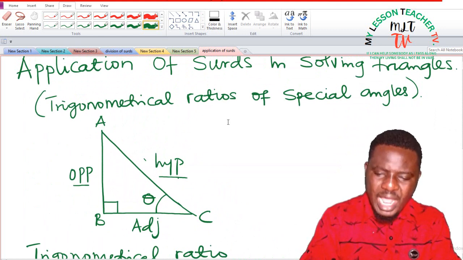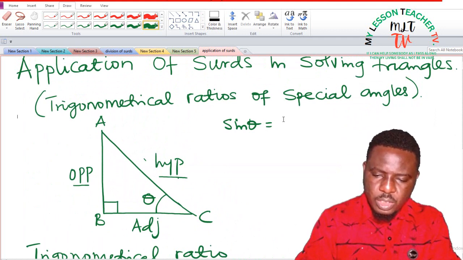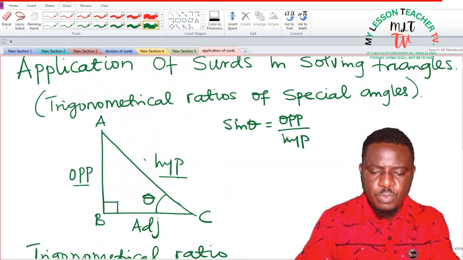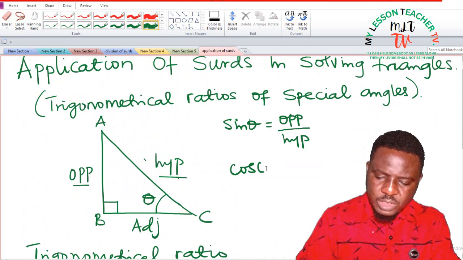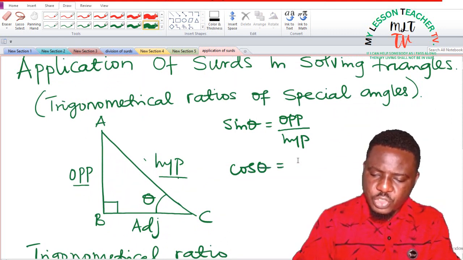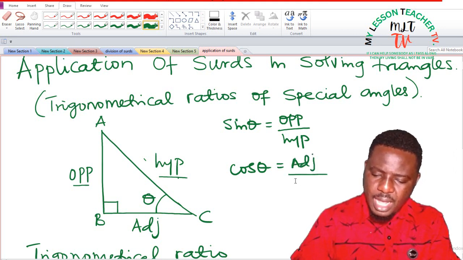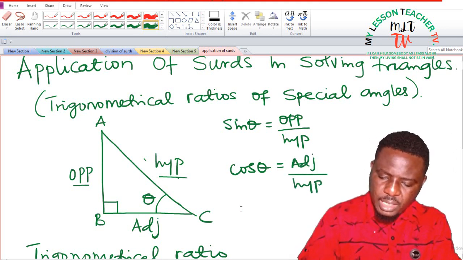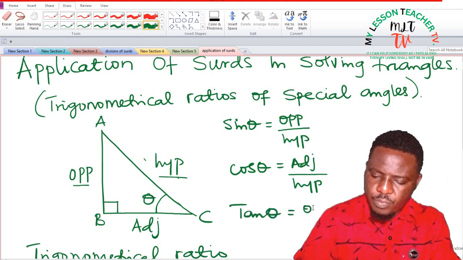So in essence, what we have is that sine theta is said to be equal to the ratio between the opposite side to the hypotenuse side of a right angle triangle, while cos theta is said to be the ratio between the adjacent side and the hypotenuse side, and tan theta is said to be the ratio of the opposite side to the adjacent side.